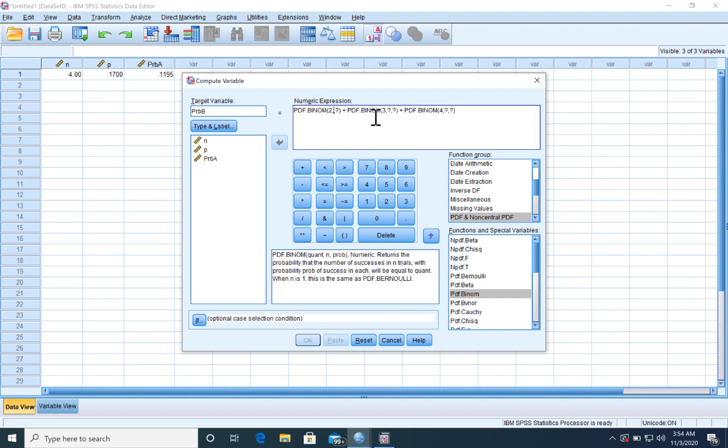The first question mark gets replaced by L. The second question mark gets replaced by P. And the same goes for this one. First question mark, I'll put the value of L. The last question mark, I'll put the value of P. So we'll proceed this way.